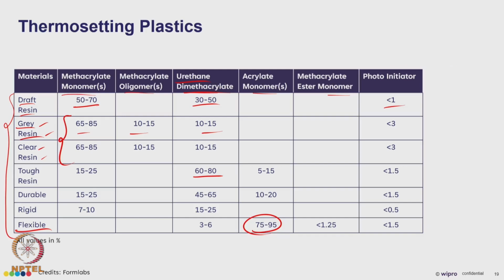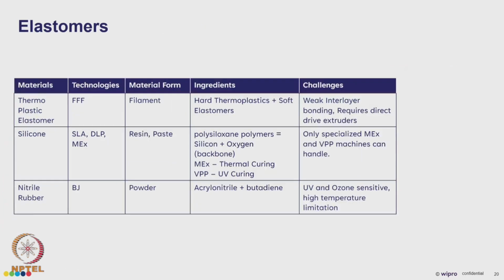And let us go to the next one, that is elastomer materials. Here we could see the first one, that is thermoplastic elastomer, which we have already discussed in the case of flexible filaments in thermoplastic materials, which is mostly used in FFF technology and used in the form of filament.